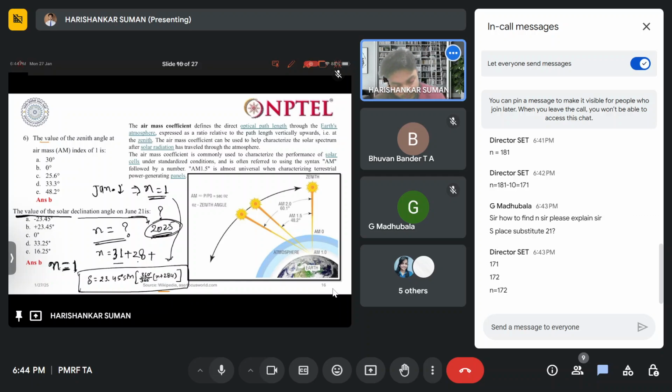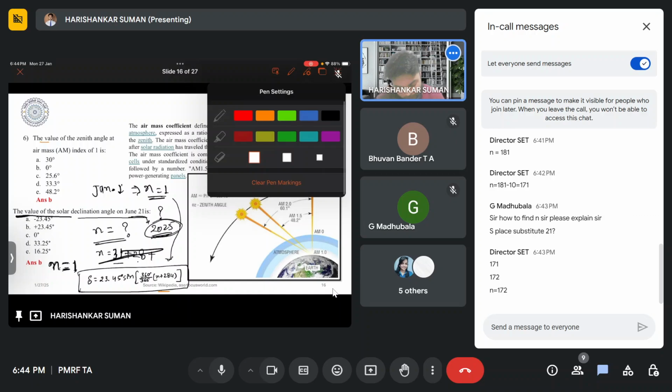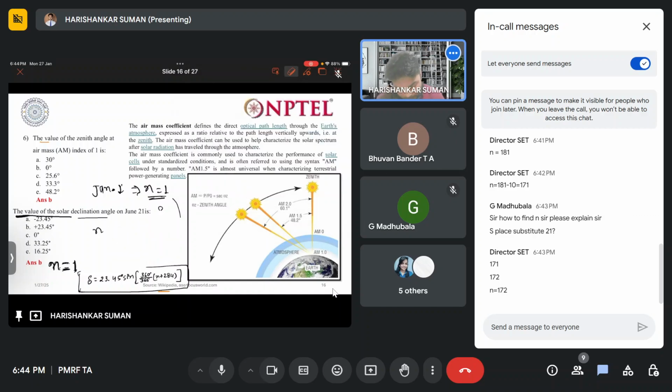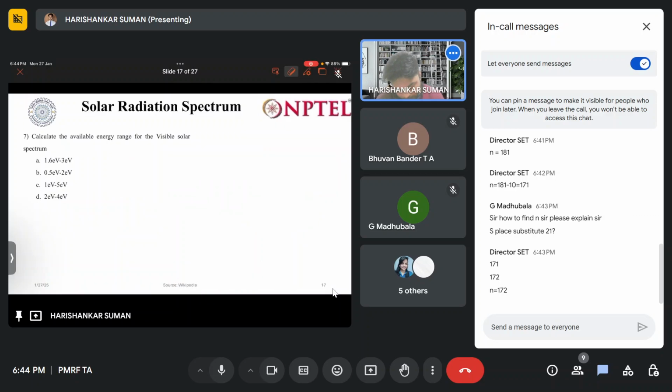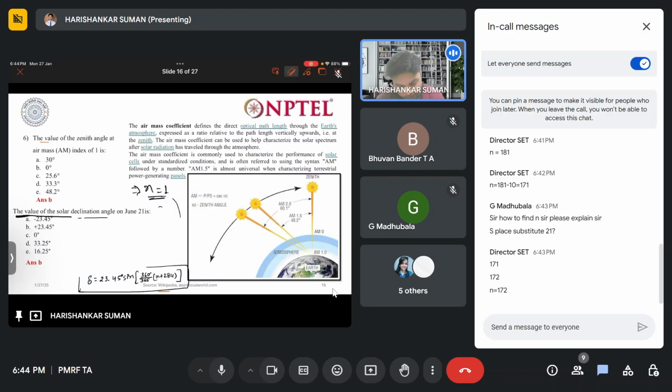N equals, from January 1st, n equal to 1.